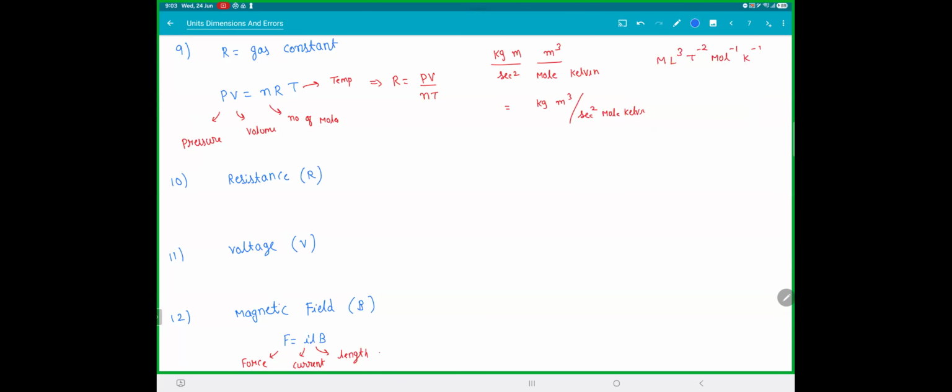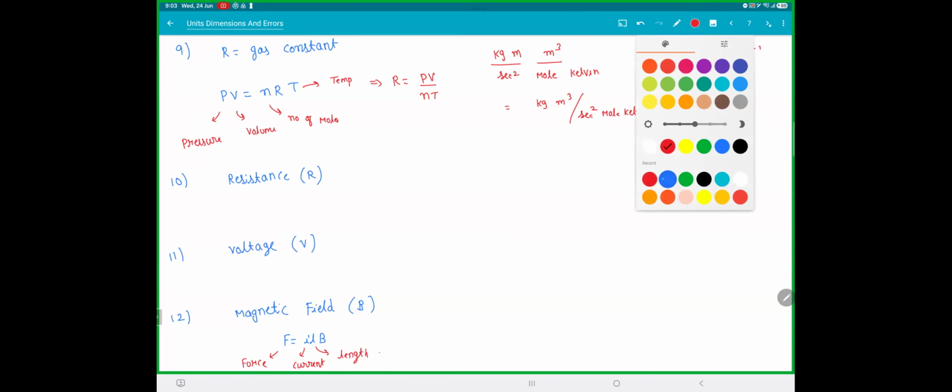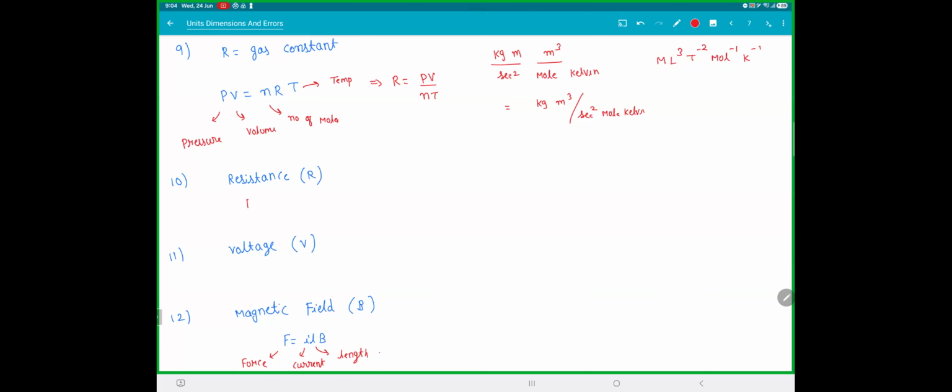Now for resistance, which formula will we use? If you say V is equal to IR, the problem is I don't know what V is. So a better formula would be this. Always try to get a formula from mechanics. Remember power is equal to I square R? You learned that in school. So R is equal to power by I square. What is power?